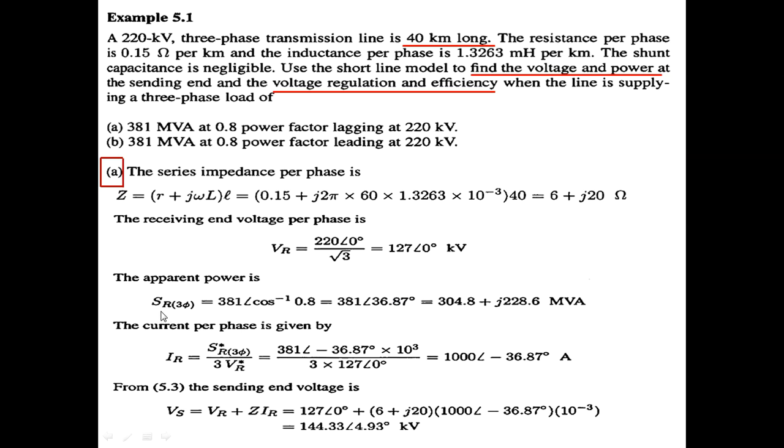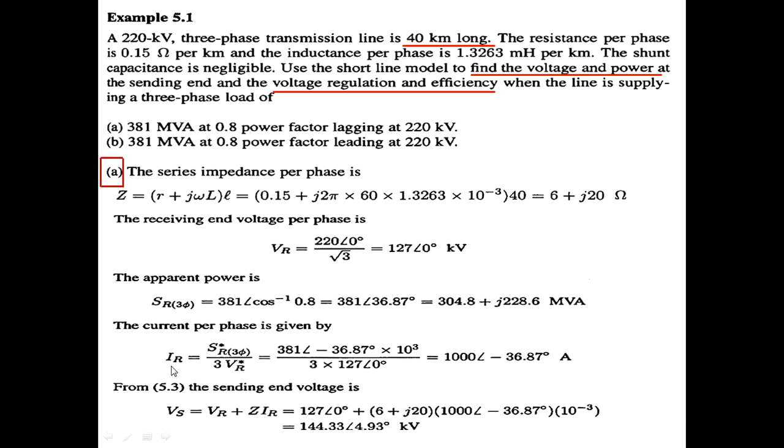The apparent power at the receiving end is found to be 381 with angle 36.87, so we have 304.8 megawatts plus j228.6 megavars.